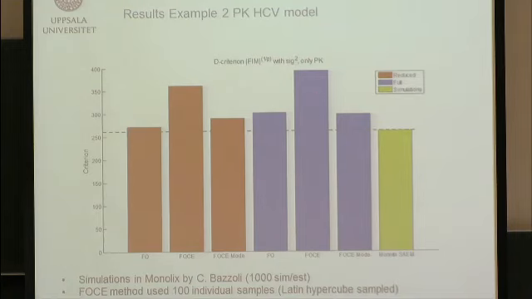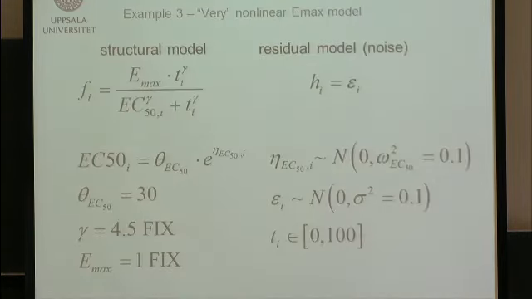And finally, we can see that the FOC around the mode now gets very close to each other. So the FOC around the mode is quite close to the FO approximation if we do this, or at least closer.